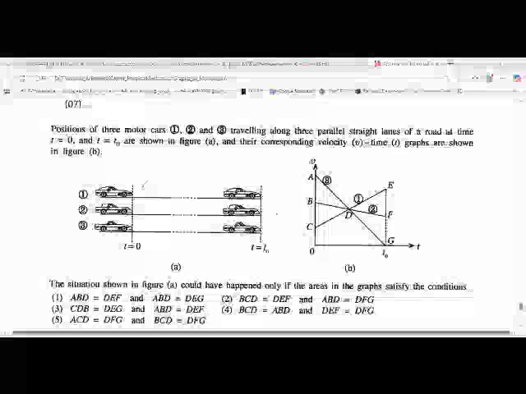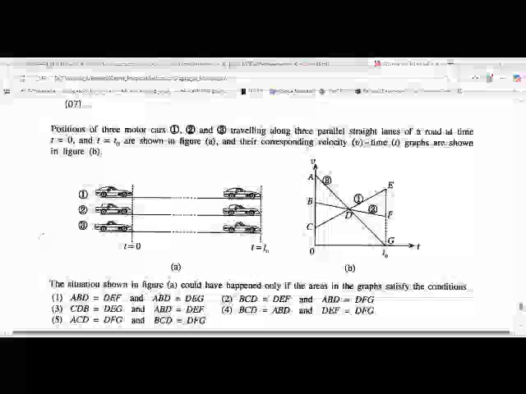Then focus your attention on the type of graph. It is a velocity-time graph. How do you find the displacement from a velocity-time graph?